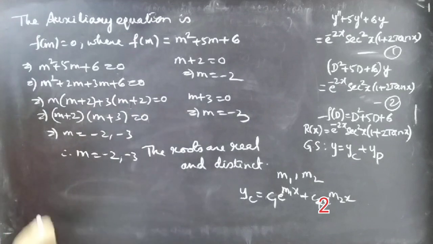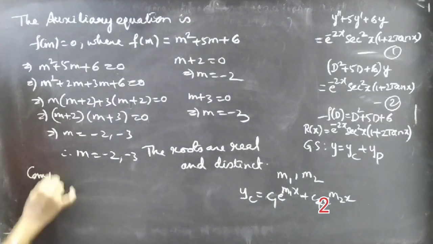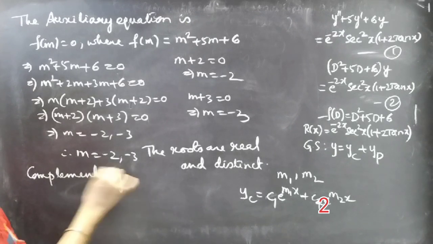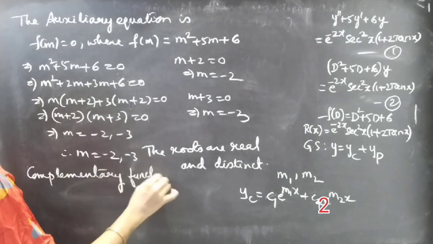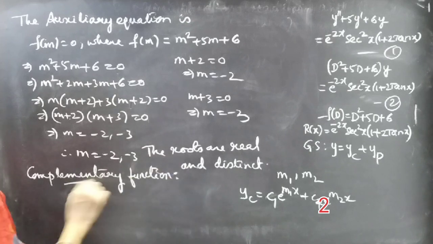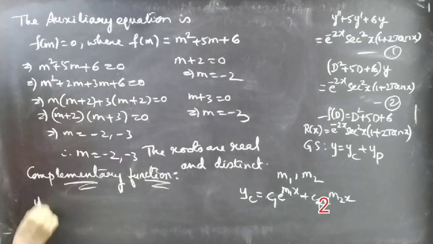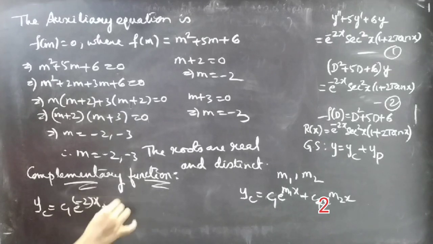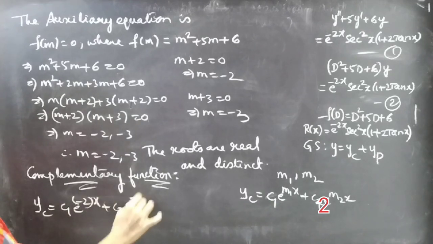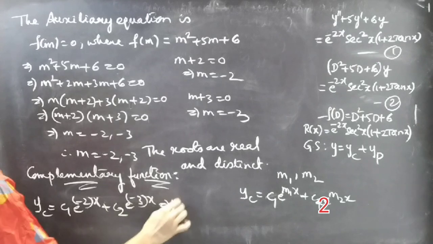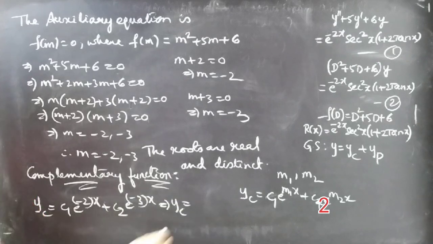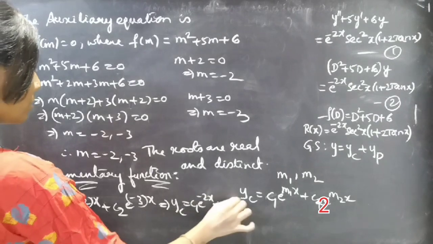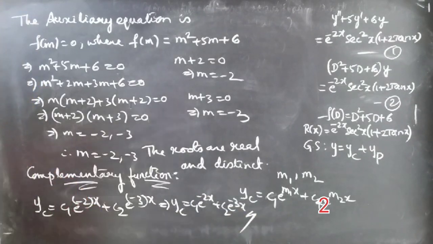Let's now write the complementary function. yc equals c1 e power minus 2x plus c2 e power minus 3x.